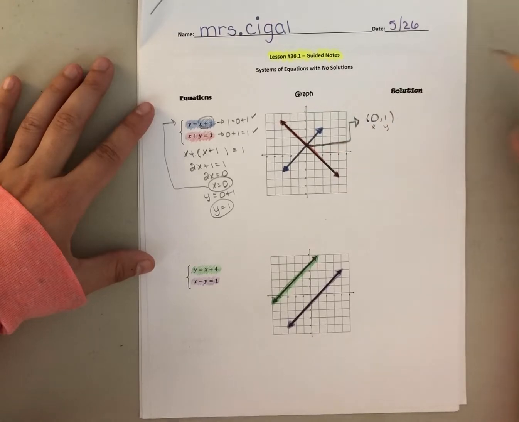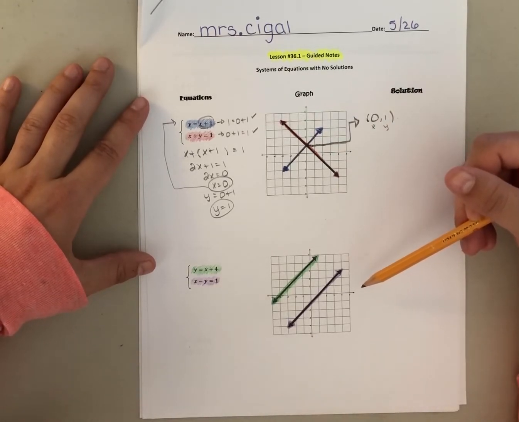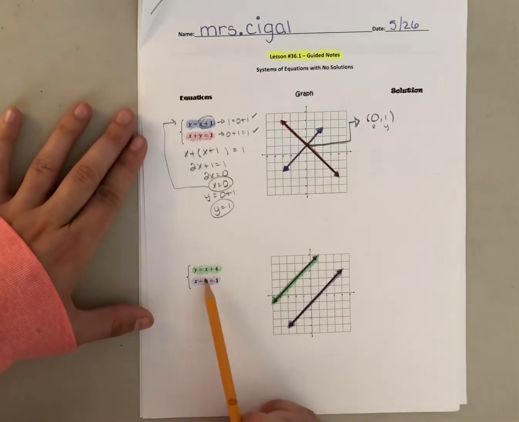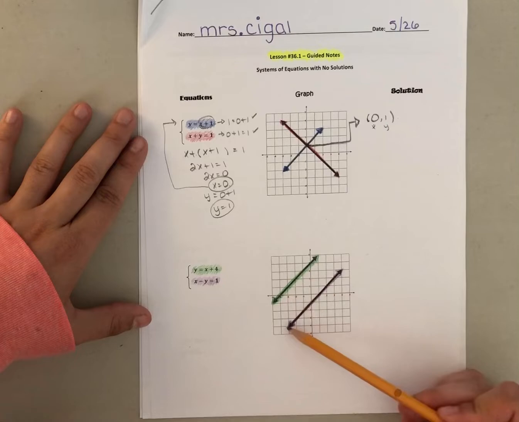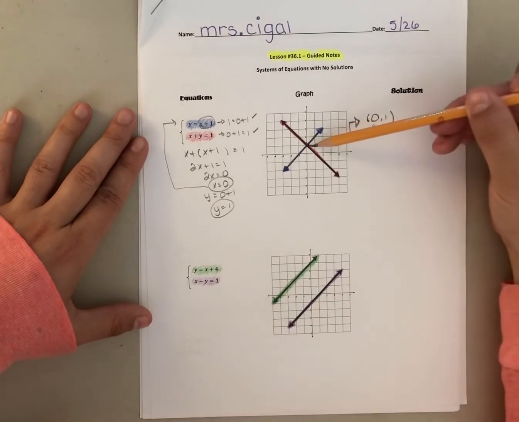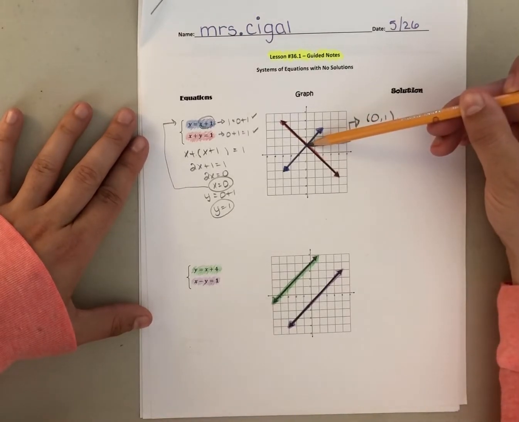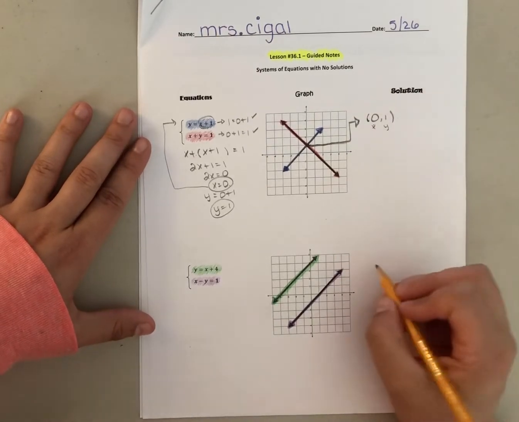So that one's typical, but this next problem is a little bit different. Let's look at what happens in this. These two lines are already graphed for us. If you notice, they are parallel. They are never ever going to cross. When we're looking for solutions to systems of equations, we say it's where the two lines are crossing on the coordinate plane, but they're never going to cross here, that means we have no solution.